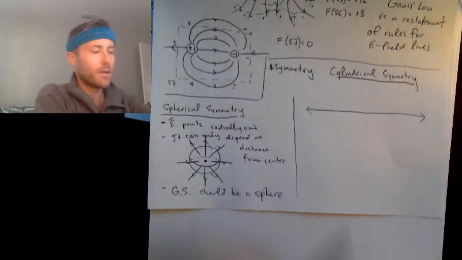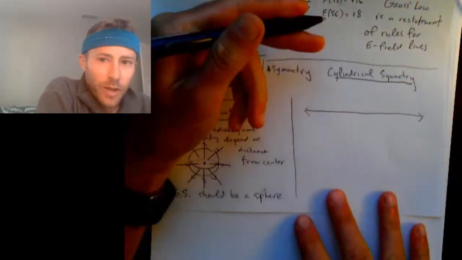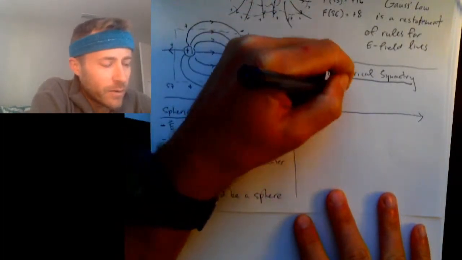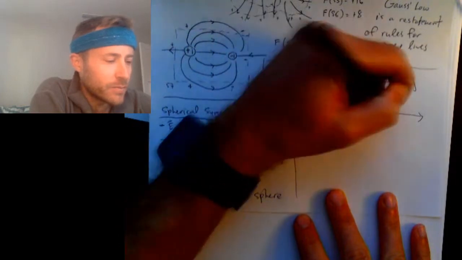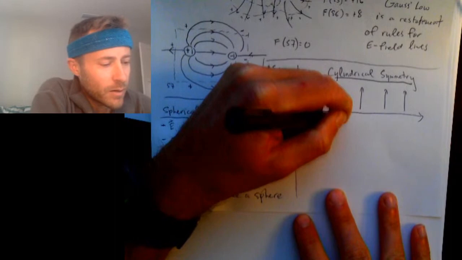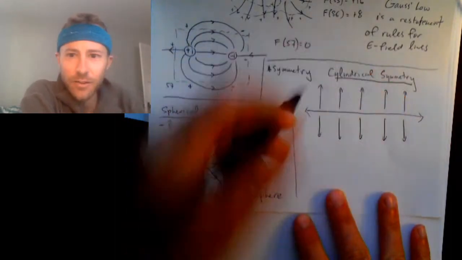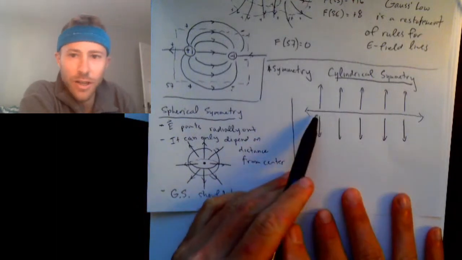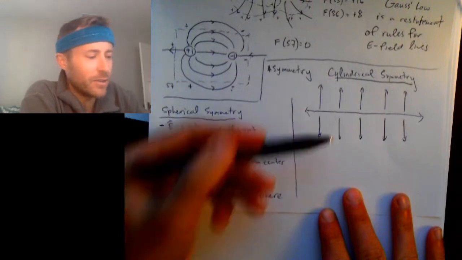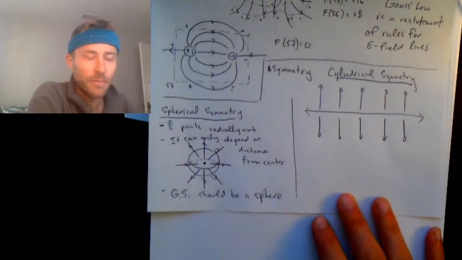So here's our infinite line of charge. What that means is that the electric field has to point directly away from the infinite line of charge. Because it's an infinite line of charge, it can't depend on if you go side to side. It can't depend on which direction you're looking at the cylinder from.